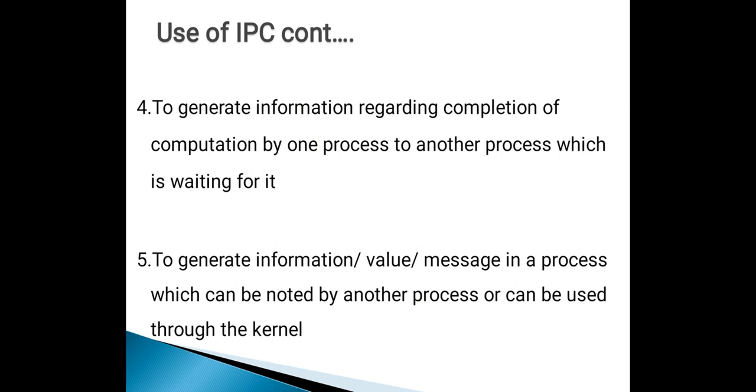Fourth point, to generate information regarding completion of computation by one process to another process. Fifth point, to generate information or value or message in a process which can be noted by another process or can be used through the kernel.